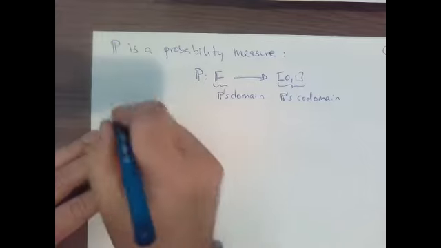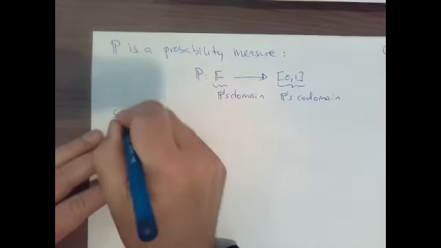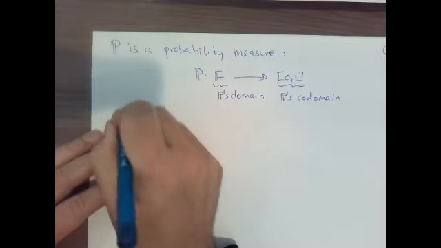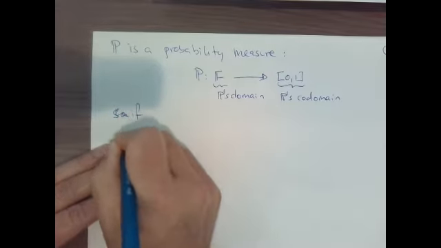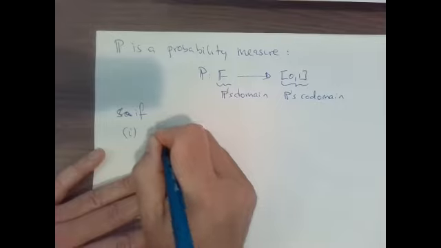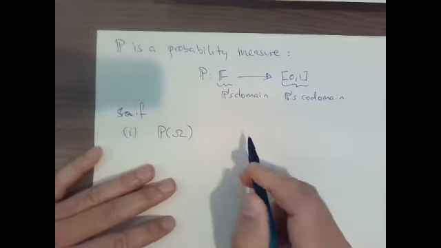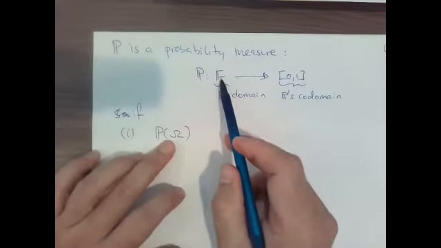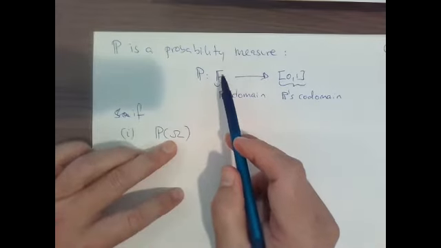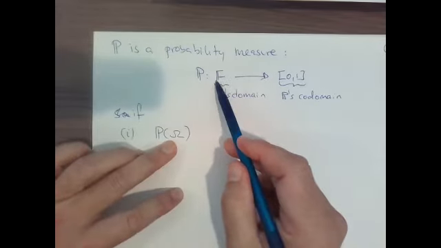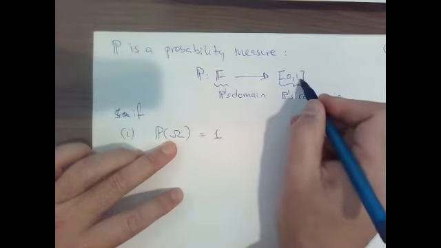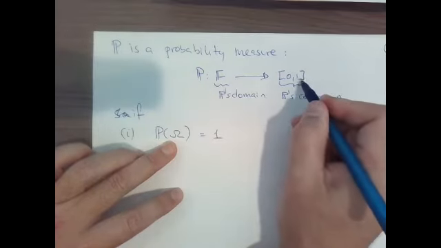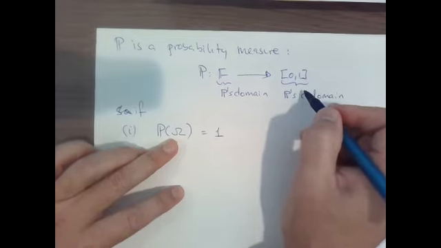And what does it do? It's a probability measure if two things hold. First one is if I take the entire set, which I know belongs to F, and plug it into P, I'm going to get 1, which is inside P's codomain.